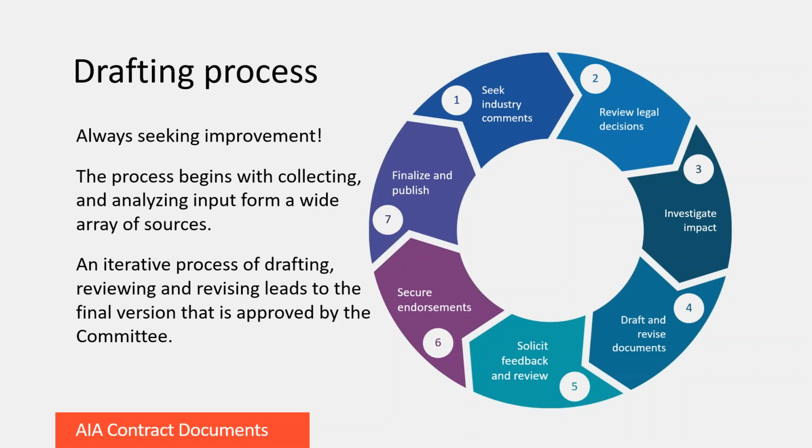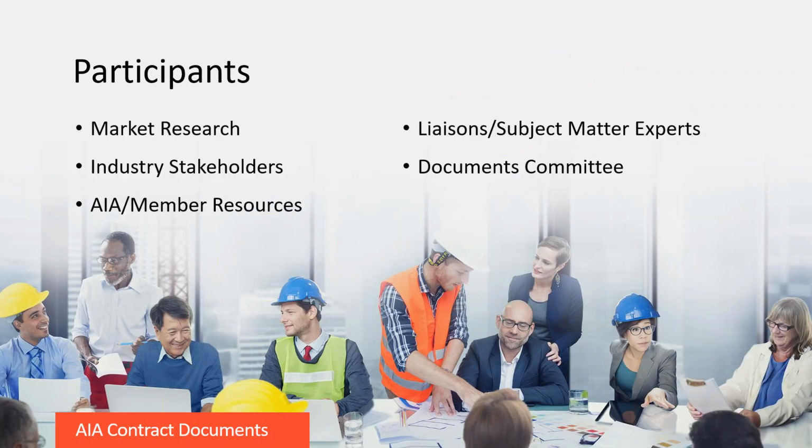It's very detail oriented, as you can imagine, trying to make sure that all of the different complexities of the project are addressed in these documents. And then they are published. So Marika and I are working on documents now that will be published in the future. The AIA still does publish paper documents, but primarily users are accessing them through the online platform.